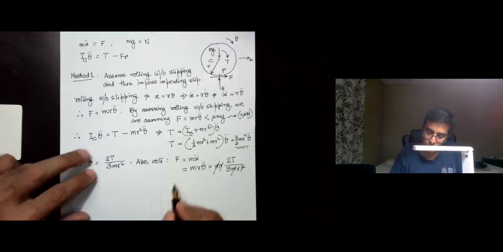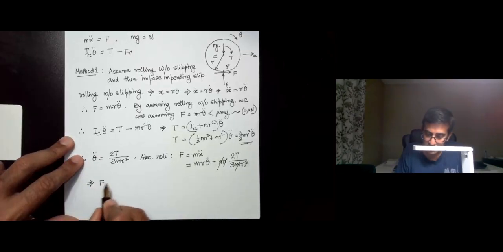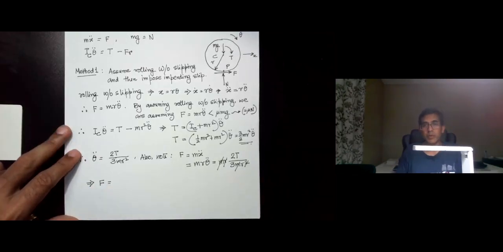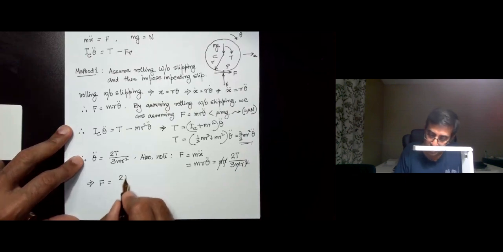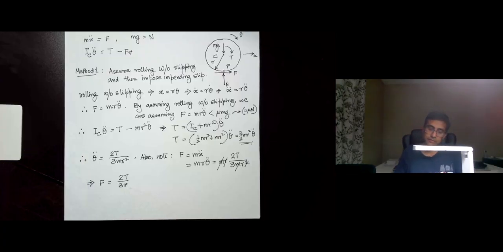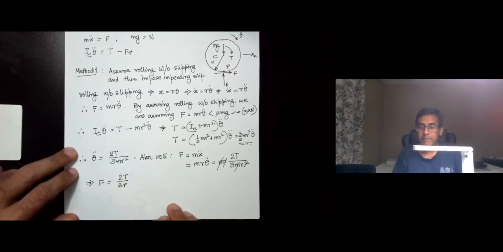Right? So we cancel m and we cancel one of the r's, and what we get is that the friction force, which is causing the motion of the wheel in the forward direction, is given by 2T divided by 3r. Right, after these cancellations. So this is the friction force that the ground is providing.